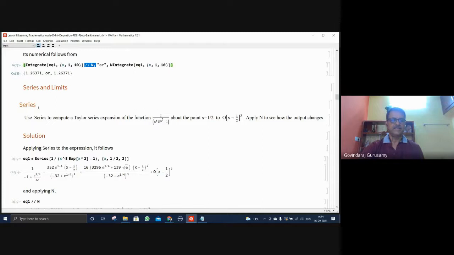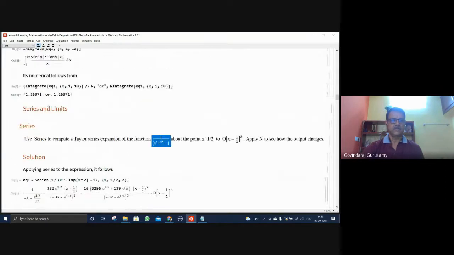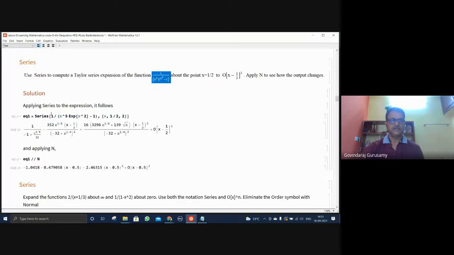Now the series: you can expand using the Taylor series. Use Series to compute a Taylor series expansion of the function. Say, for example, this is the function: x power 5 e power x square minus 1, about x equal to half, up to x minus half whole cube. Apply N numerical value to see how the output changes. So here now the series is this.